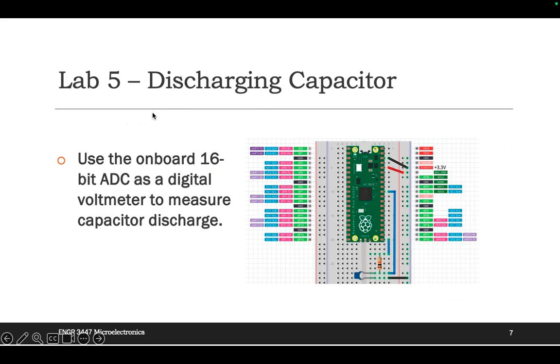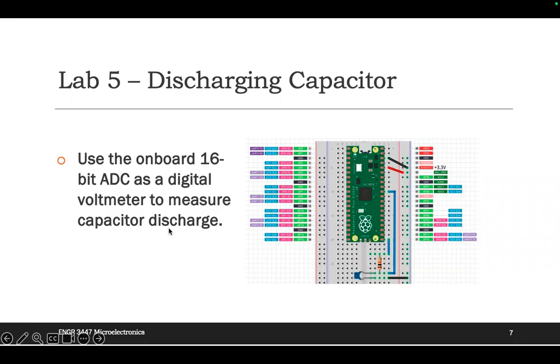In lab 5, we can use the Pico W to observe the capacitor's function. Actually, we just use the onboard 16-bit ADC as a digital voltmeter to measure the capacitor discharge. Do you remember? We try to use the Pico to read the discharge voltage over this time, and then draw the line. Which means we can use the Pico W to observe different circuits, different components' features and characteristics.